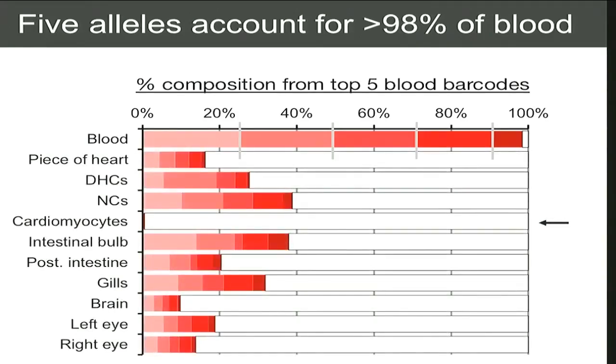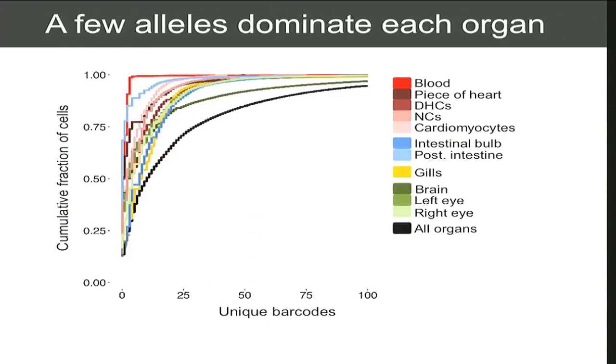And then if we look at each organ, those same alleles are present at kind of the same ratios relative to each other, right? So they're there, quote, contaminating, except for the sorted cardiomyocytes, which obviously don't have blood. And so when we look more broadly at organ systems, we see a similar trend.